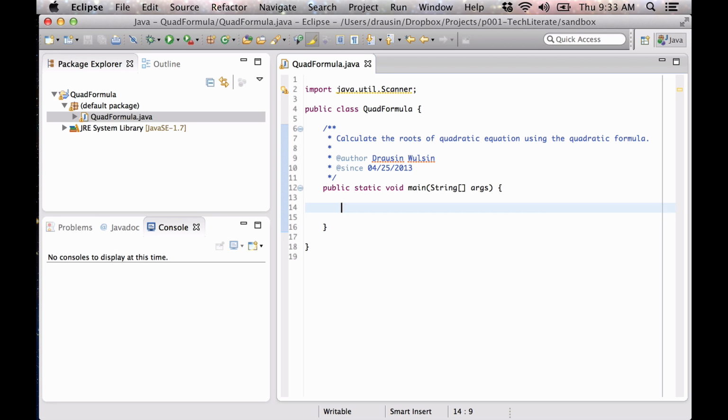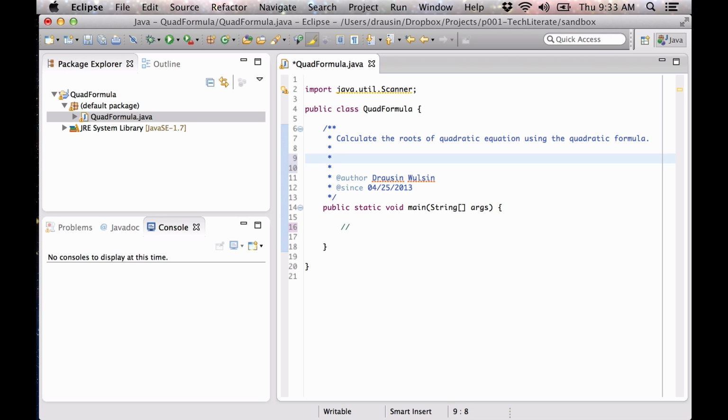So first thing we need to do is, if you forget what the quadratic equation looks like, it looks like this. For a function with variable x, we have ax squared plus bx plus c.